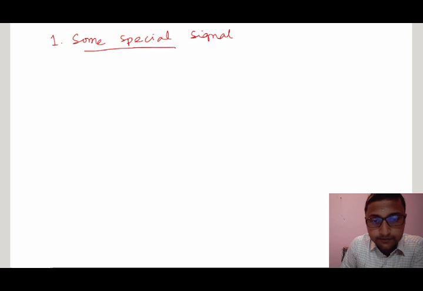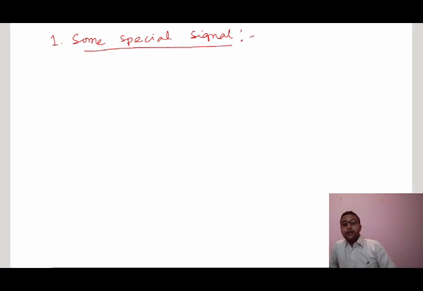Apart from these three major categories, there are also other categories. The first is special signals. Under this category, the first one is the sinusoidal signal, the second one is the cosinusoidal signal, and the third one is the exponential signal.